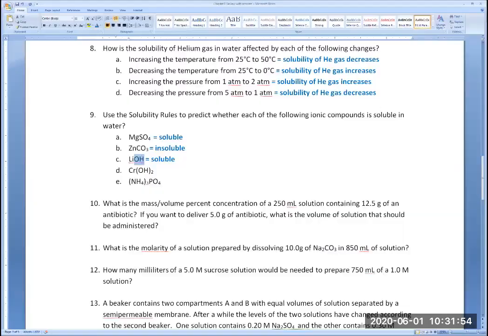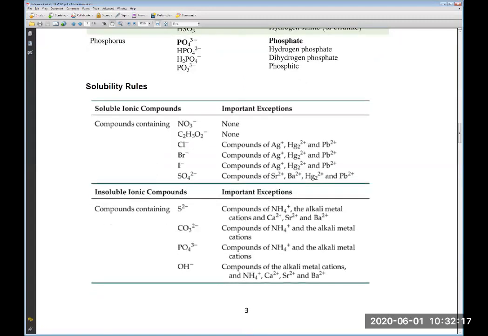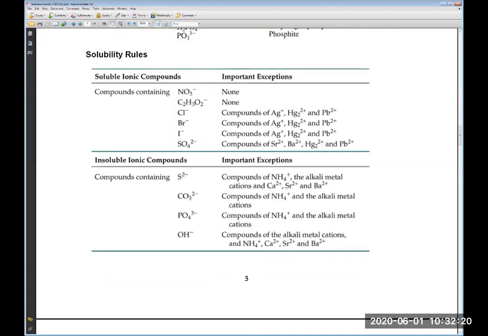Let's look at the last ones. There are two more. Cr(OH)2, again with the hydroxide ion. This time it's with chromium. Cr is chromium. We know already that the hydroxide ion makes insoluble compounds, and chromium is not part of the exceptions. If you look here, chromium is not an alkali metal, it's a transition metal.